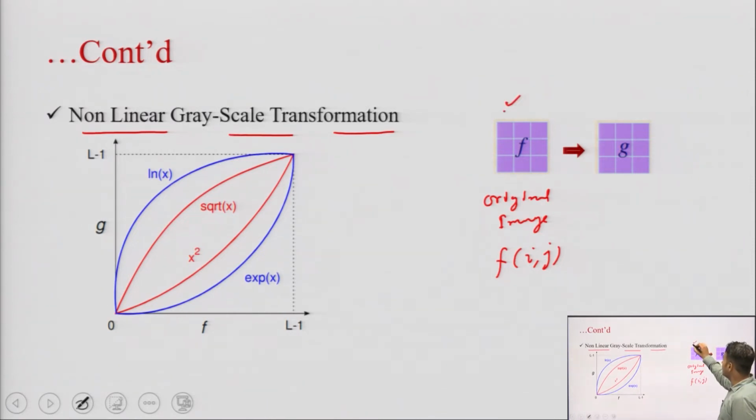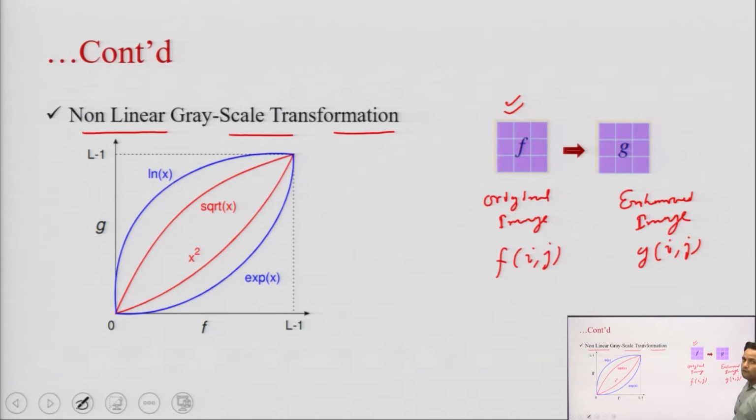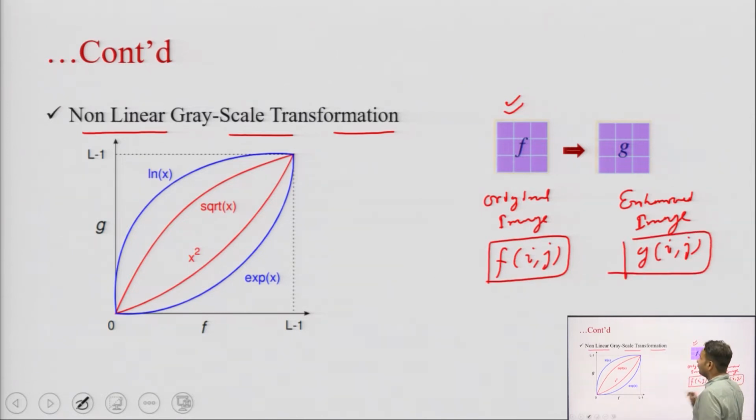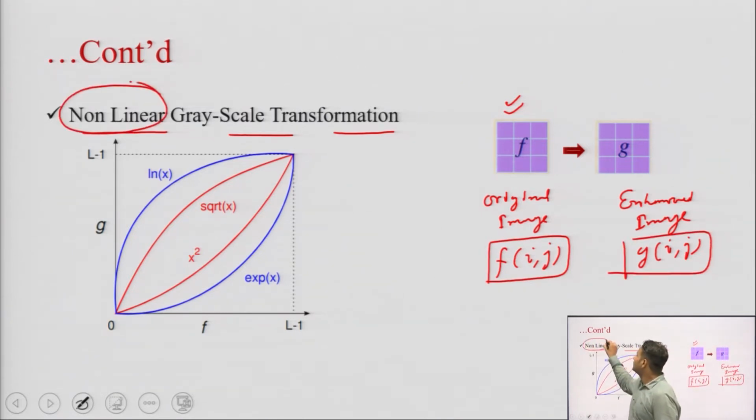Here I am considering f as the original image and g as the enhanced version of this image. For each pixel, you can call the function g of i comma j. Now, what is the relation between f and g according to a non-linear function?